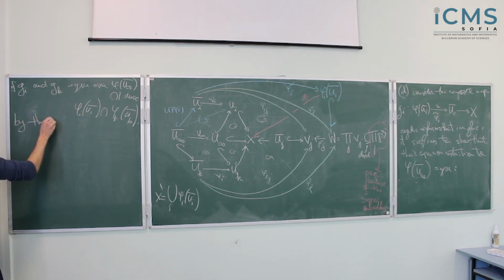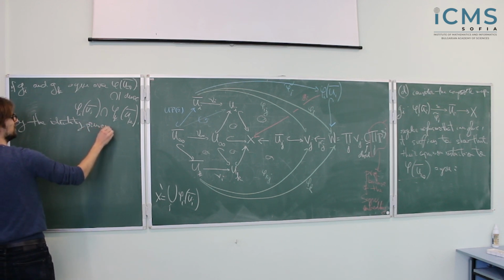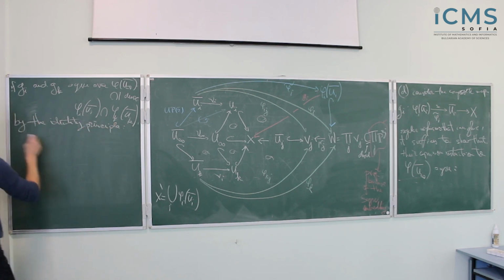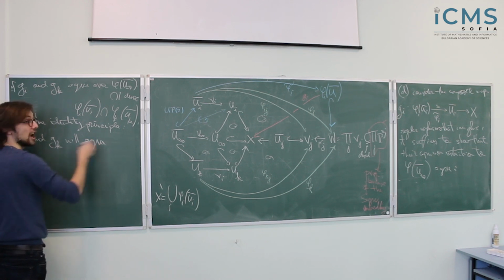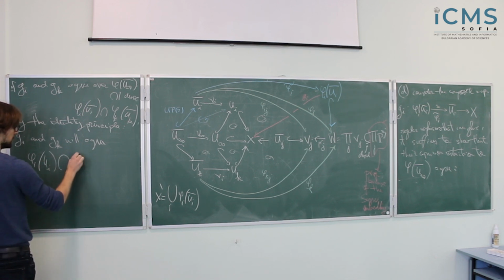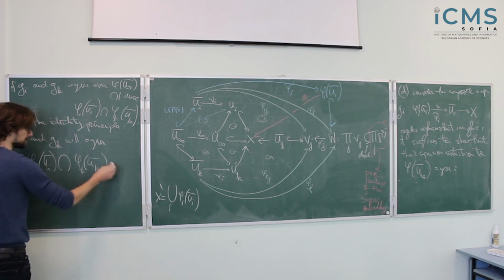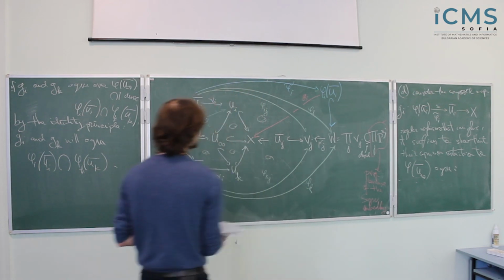By the identity principle, Ji and Jk will agree on the whole overlap, right? Okay, so how do you prove that they agree with each other?